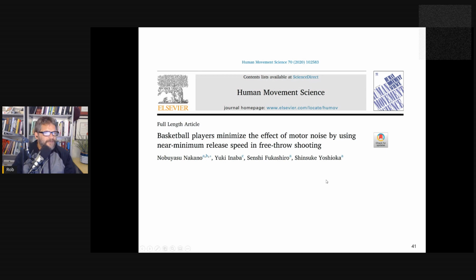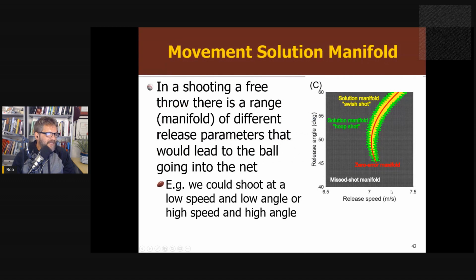So the first one I want to talk about is one that I actually reviewed in a video a while ago, showing how people do vary their solution based on the task constraints, right? This is looking at the release height, release angle, and the release speed. What this study did was look at the relationship between those and the shot success. From that, you can again define what's called a manifold, right?